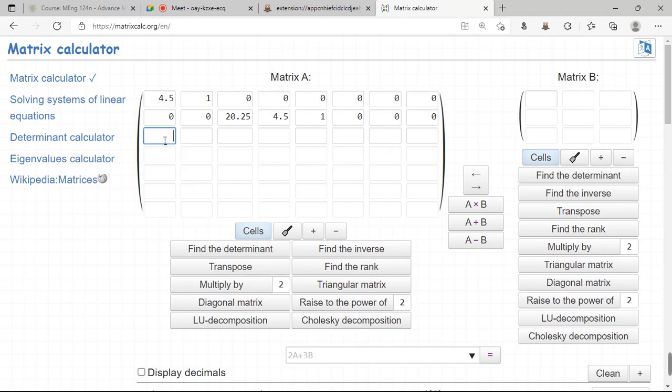Okay, so third row. 0, next. 49, next 7, next.